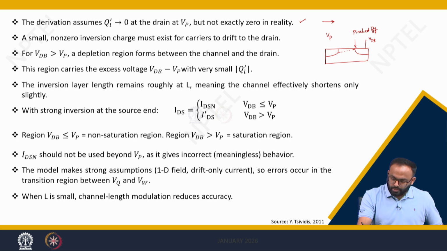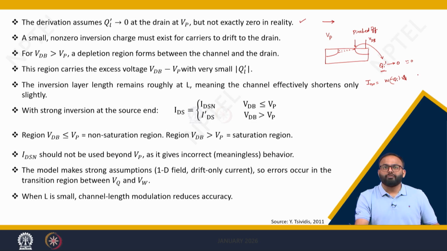At this point, the inversion charge tends to 0, or you can say it will become 0. If the inversion charge will be 0, to maintain a current continuity, we know that IDS is equal to W into minus Qi dash into Vd, which is drift velocity.